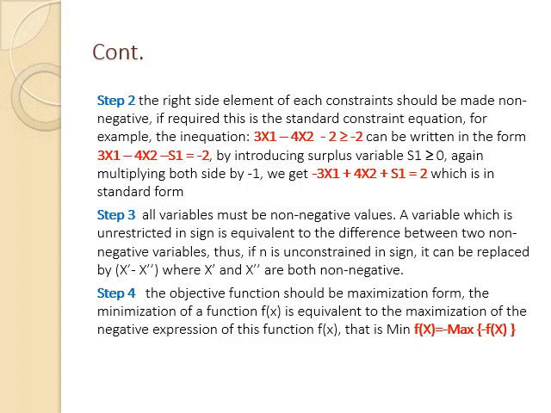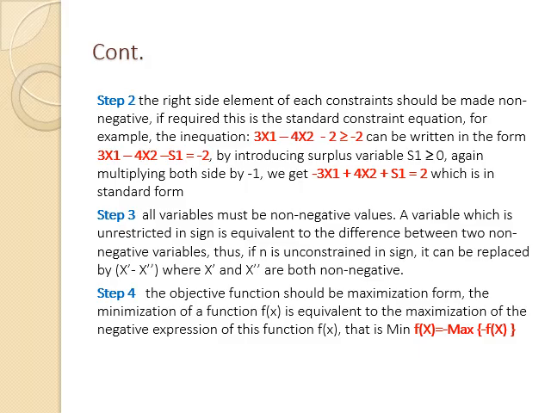For example, the inequality 3x1 minus 4x2 more or equal negative 2 can be written in the form 3x1 minus 4x2 minus s1 equal negative 2 by introducing surplus variable s1 more than 0.